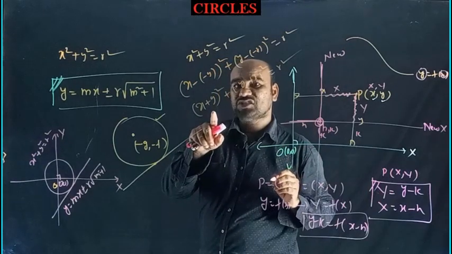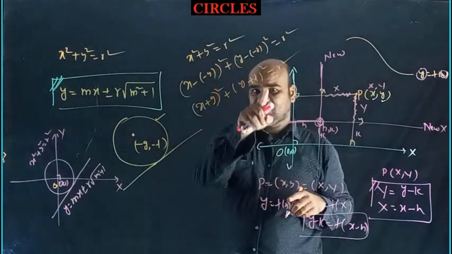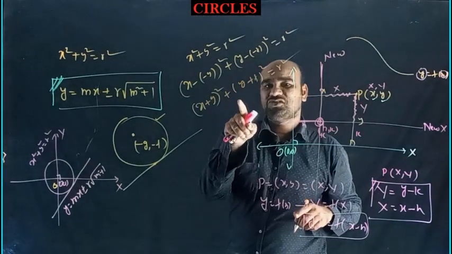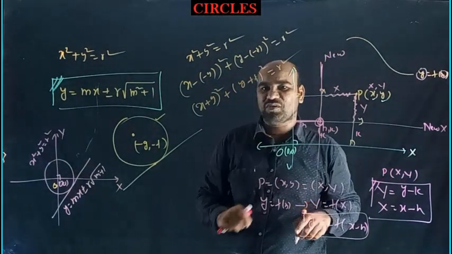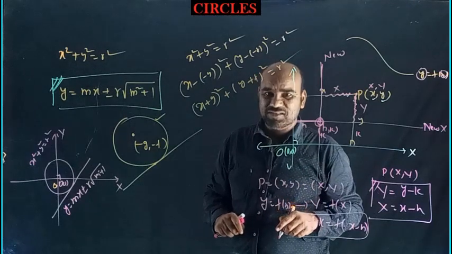This is the transformed equation of the circle. Simplify this and we get the x squared plus y squared plus 2gx plus 2fy plus c equals 0 form, where r is taken as root over g squared plus f squared minus c.